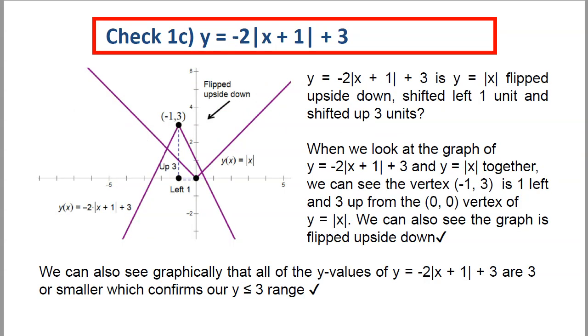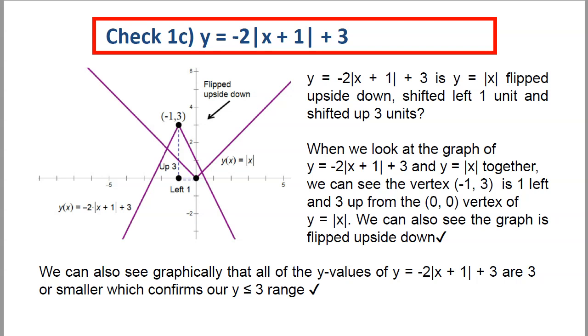And then for our more complicated function, y equals negative 2 times the absolute value of x plus 1 plus 3, when we graph that, we can see that it's flipped upside down compared to the regular y equals the absolute value of x graph. The lines progress at a steeper slope. That's from the 2. And then we can see our shift left 1 and up 3.